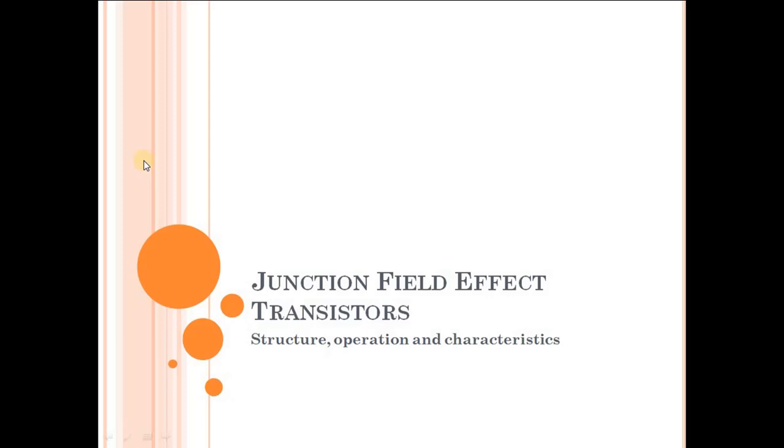So before leaping into the junction field effect transistors structure, operation and characteristics, let us try to have a top view upon the transistor family. What are the different types of transistors that are ever available broadly? So let us try to have a broad outlook on the categorization of the transistors.